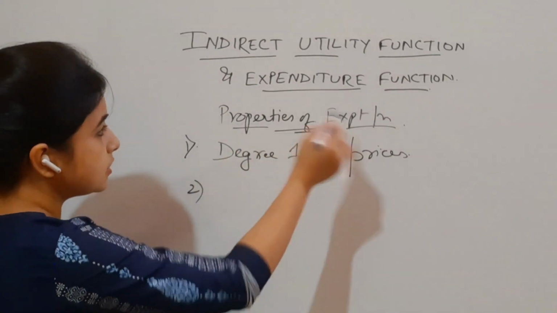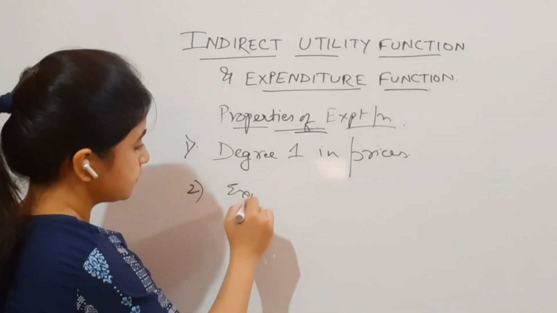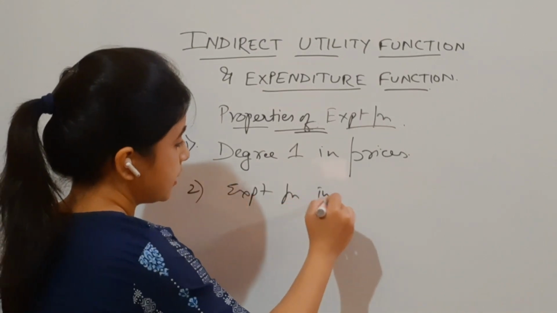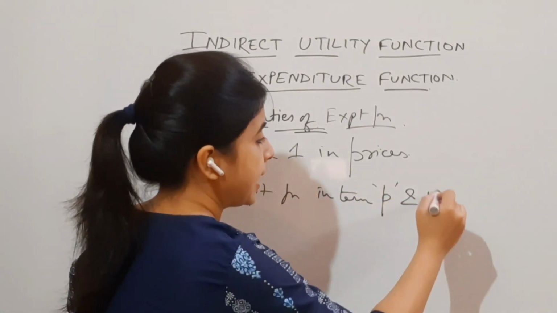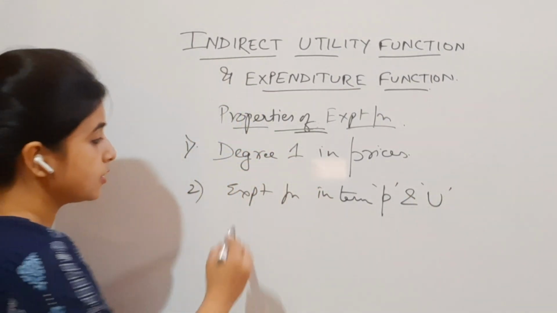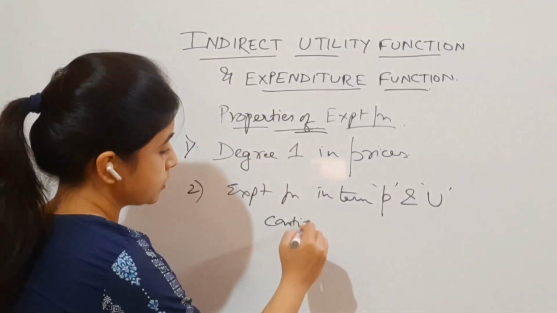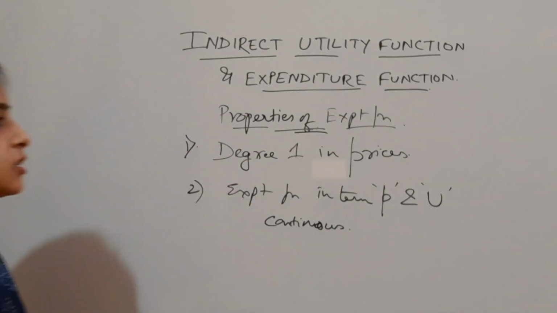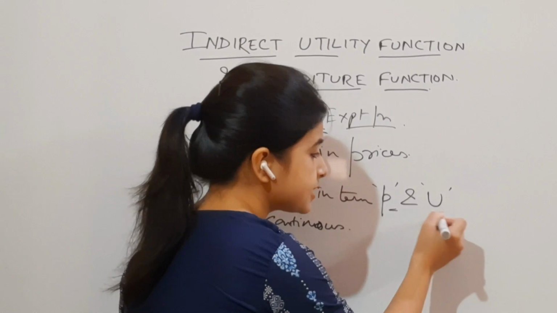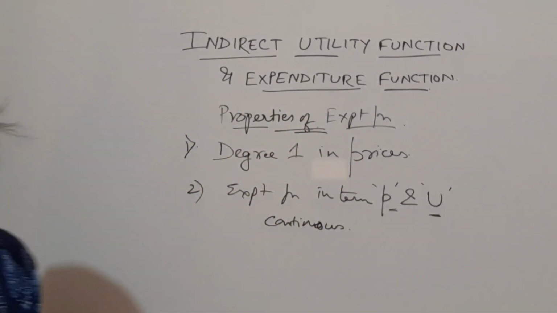Next, the expenditure function in terms of P and U is continuous. In the expenditure function, the unknowns are basically the prices and the utility.